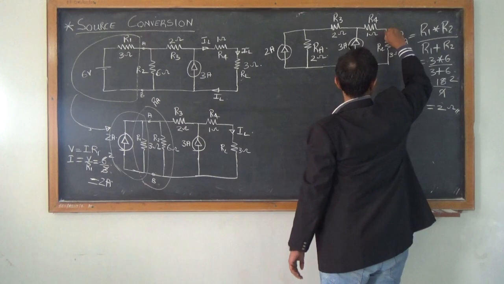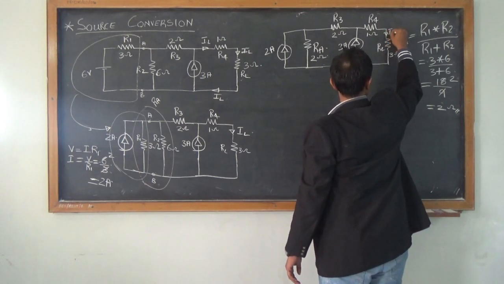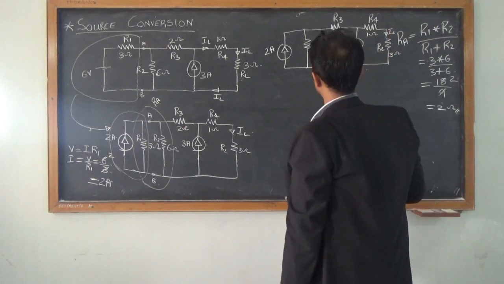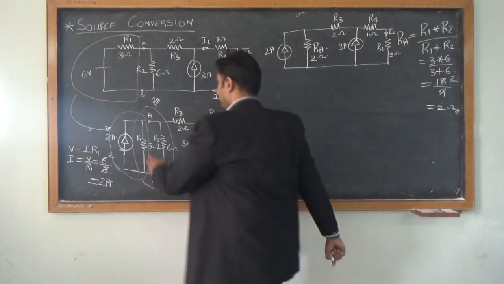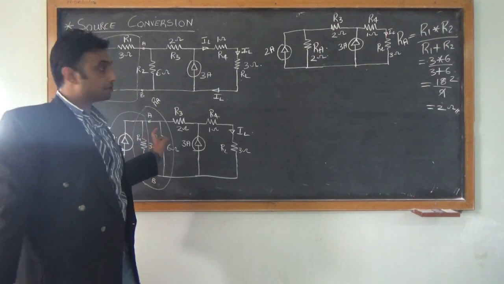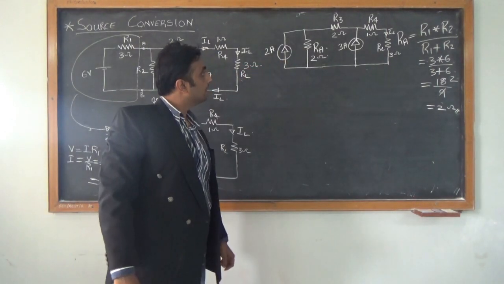This is my I. Okay, so now I effectively combine R1 and R2 to Ra.